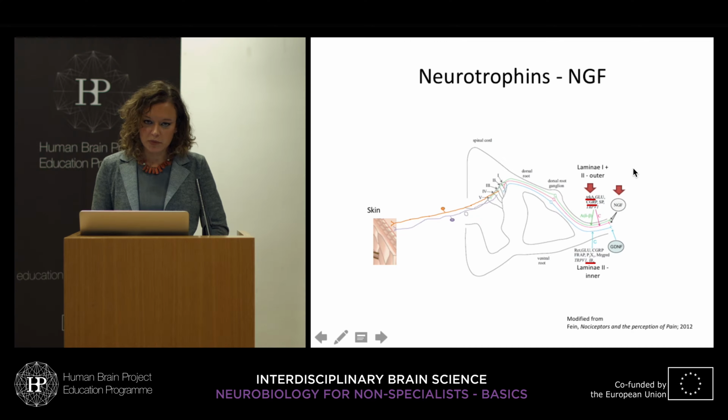However, some nociceptors, during their development, lose this receptor and start to express another type of receptor, called RET. This is the receptor for GDNF and other growth factors, and it's important as well for pain signaling.